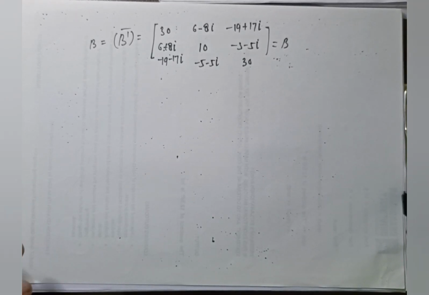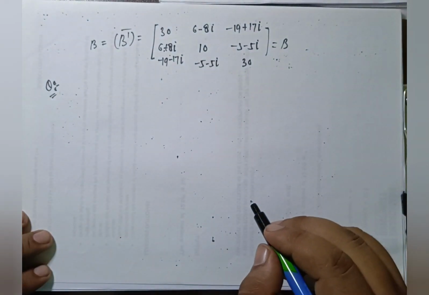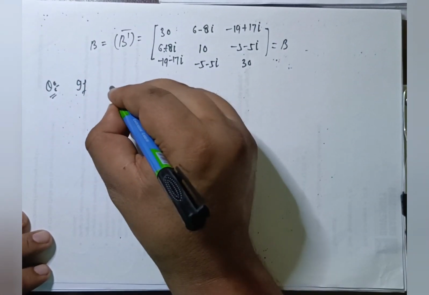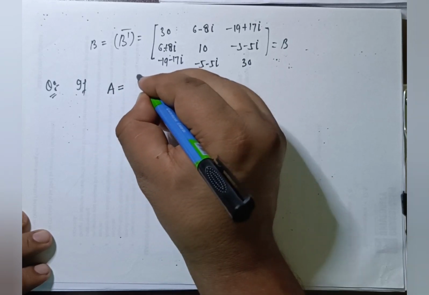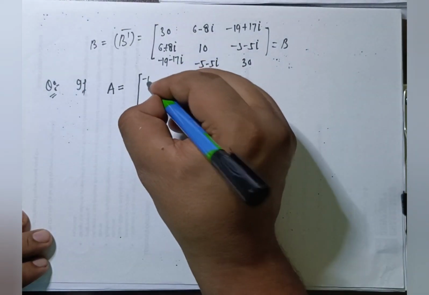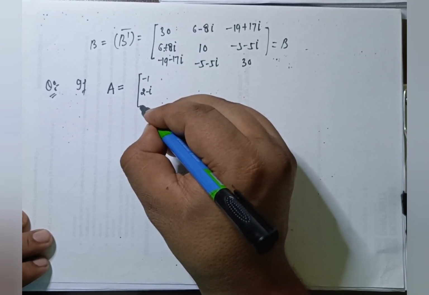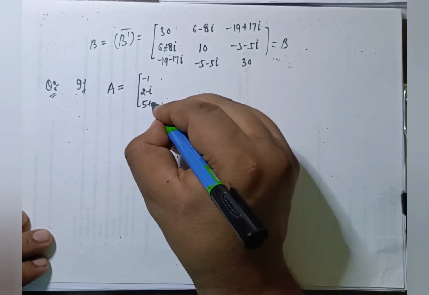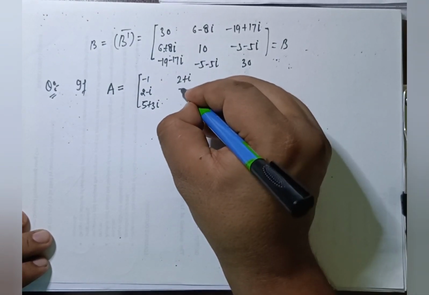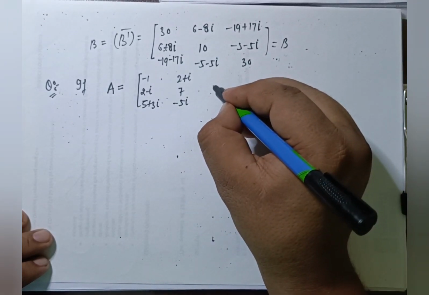I'm writing a question here, and the question is: if capital A is equal to minus 1, 2 minus iota, 5 plus 3 iota, 2 plus iota, 7, minus 5 iota, 5 minus 3 iota, 5 iota, 2.